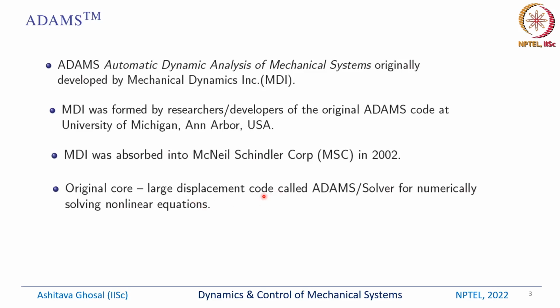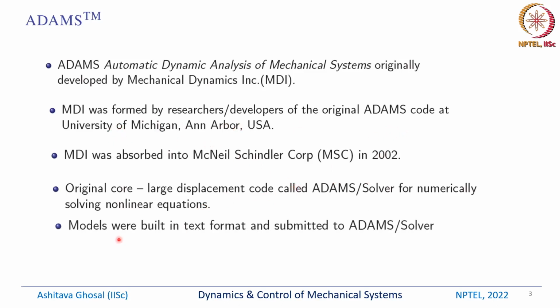In this case, you can have joints which can move by several degrees, or rigid bodies which can move substantially. So it's a large displacement code called Adams Solver, which was developed by these researchers at University of Michigan. The models were originally built in text format and submitted to this Adams Solver.